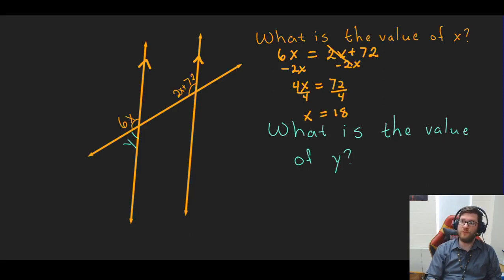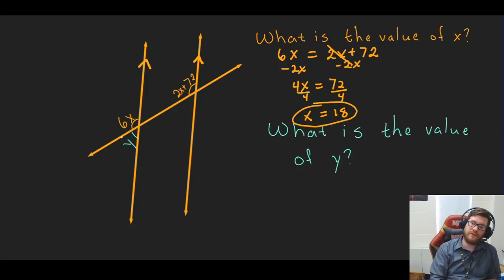So what's the value of y? Well, once we found that x should be 18 in this situation, we have to figure out how these two angles are related. Well, these are both on the same side of a line.